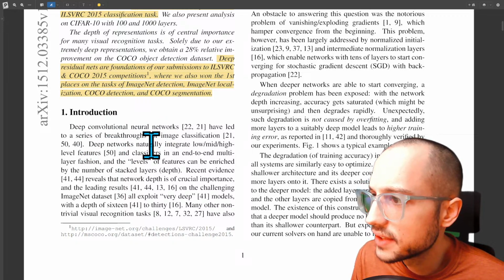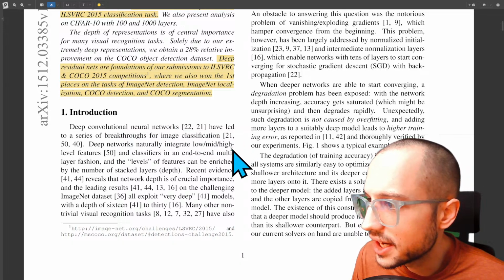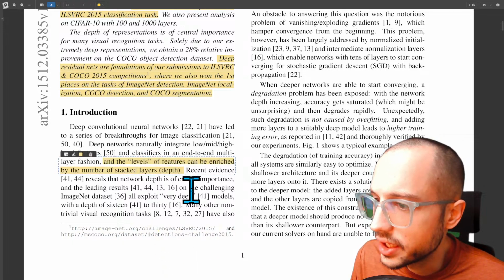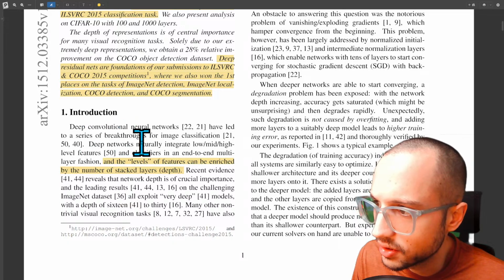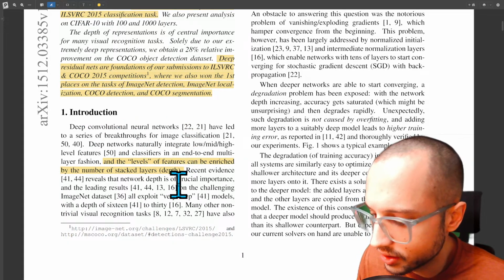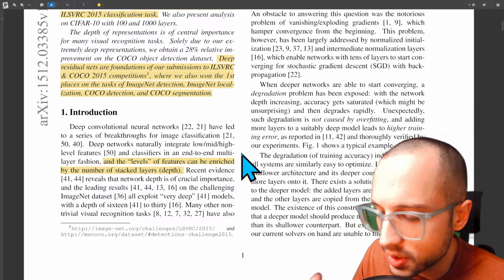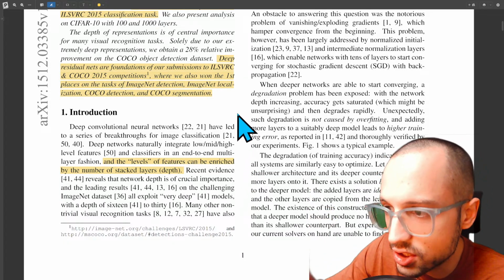Deep convnets have led to a series of breakthroughs. Deep networks naturally integrate low, mid, and high-level features and classifiers in an end-to-end multi-layer fashion, and the level of the features can be enriched by the number of stacked layers. Yeah, so in 2015, people were still impressed by the fact that deep neural networks could learn these different hierarchies of features without any explicit feature design, which is the way it was done before, where people would design different types of features at each level, right?